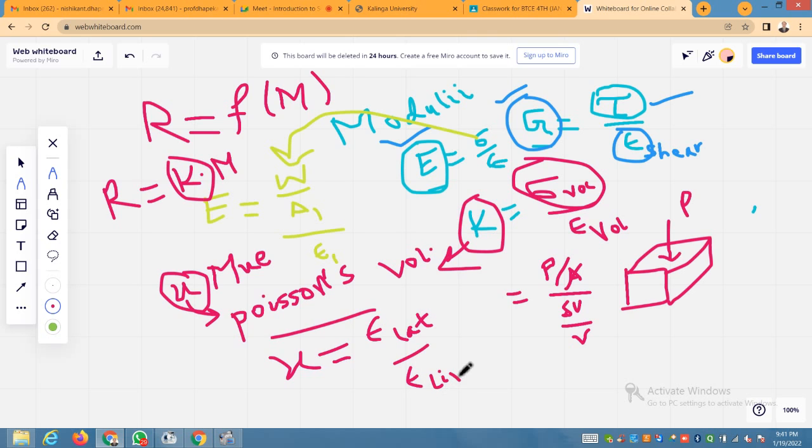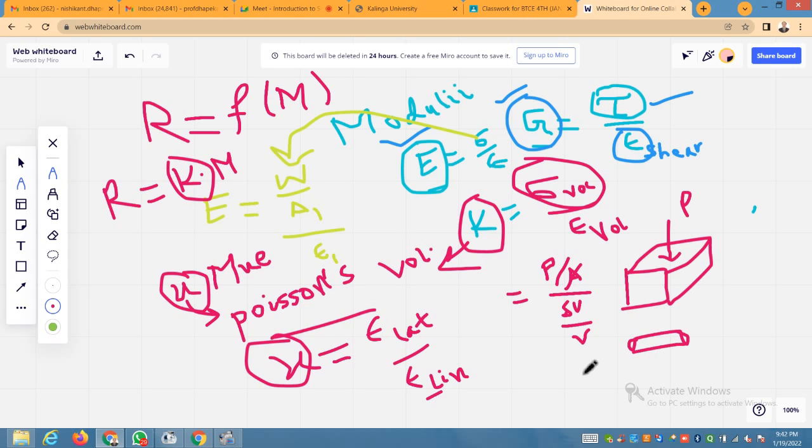It is the ratio of strains only, so it is a unitless parameter. I have explained that if this is a rod with diameter capital D, lateral strain will be change in diameter upon original diameter, and linear strain means change in length upon original length.